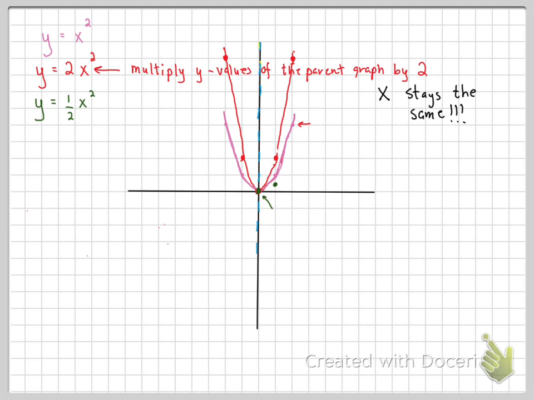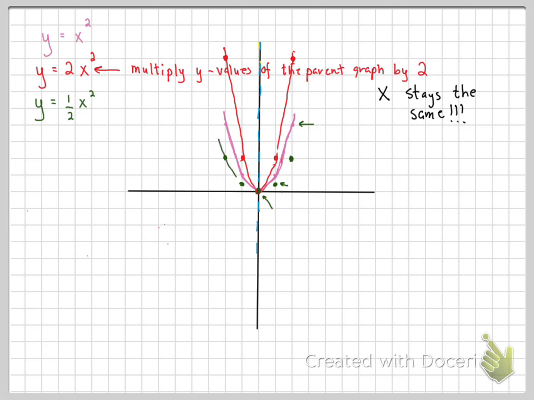Here is our second parent y value of 4. Half of 4, or 1/2 times 4, is 2. Okay, so then of course that point down there will reflect over here, and the other point is going to reflect over here.